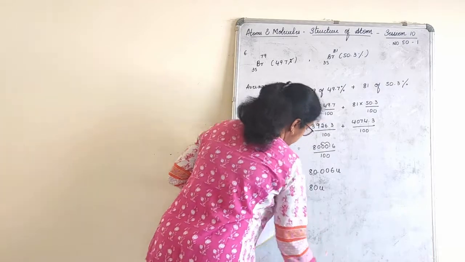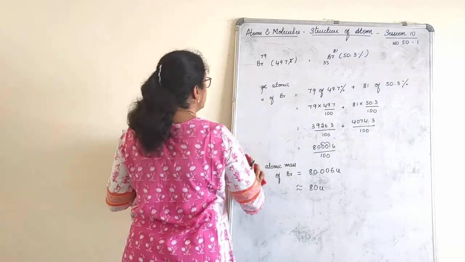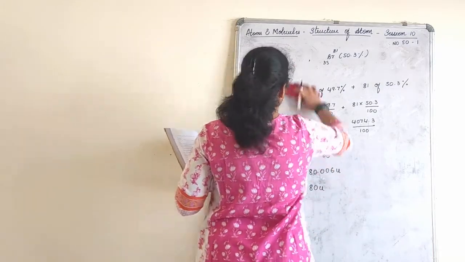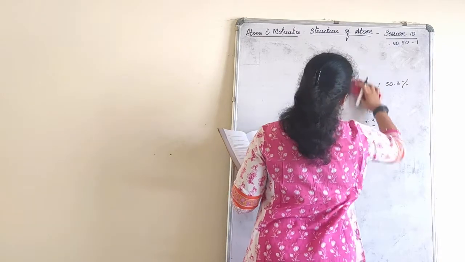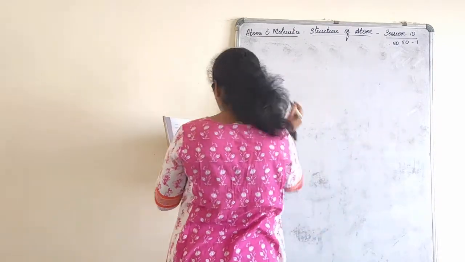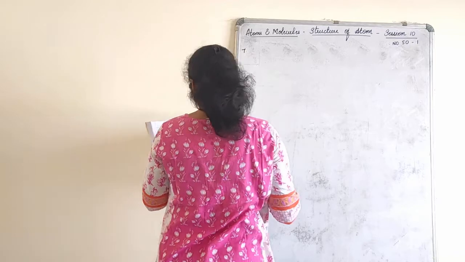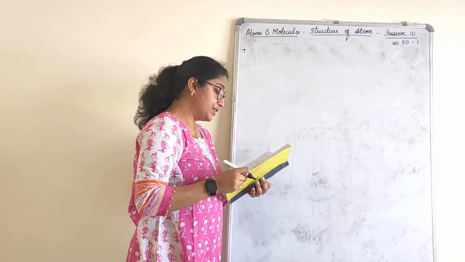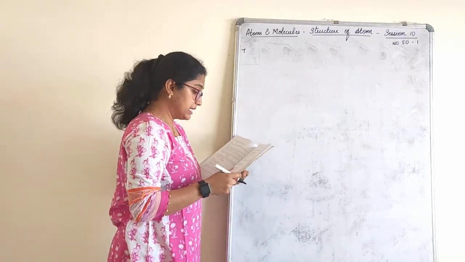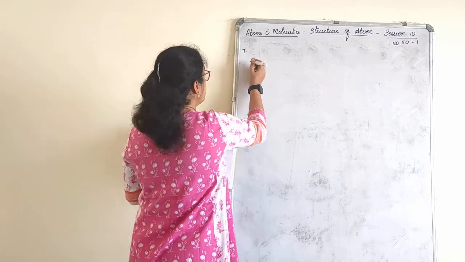Quickly we'll start with the next one, the 11th one in your textbook, that is the 7th one here. The average atomic mass of a sample of an element X is 16.2.